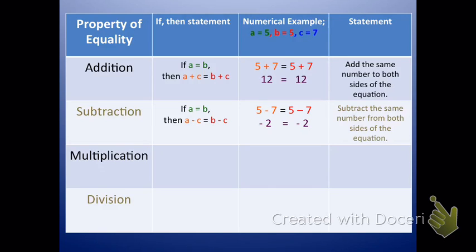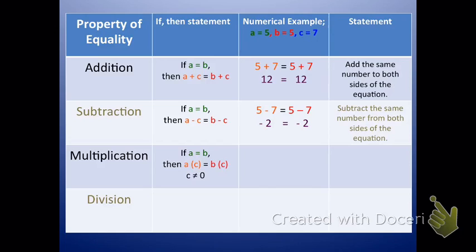When we move into the multiplication property of equality, instead of addition for the addition property of equality, and instead of subtracting for the subtraction property of equality, we're going to multiply. So if A equals B, then A times C equals B times C. The only difference is we cannot have C equal to 0, because it would make everything 0.